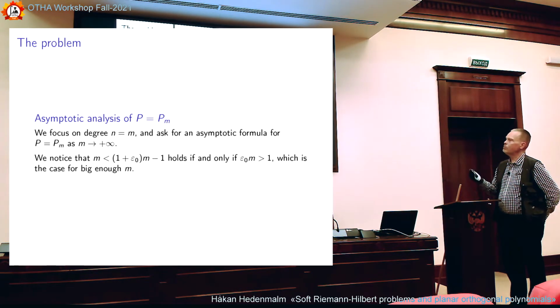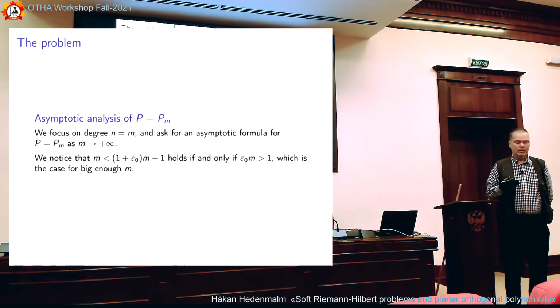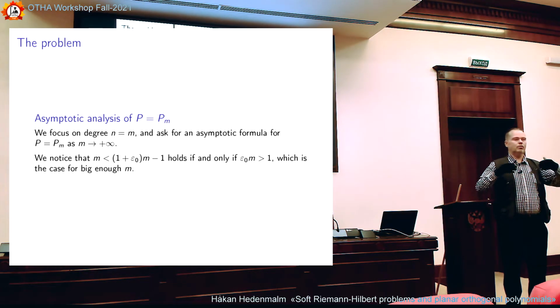Can we describe how they look asymptotically? You can imagine that you do this on a computer. The computer can, in principle, give you the orthogonal polynomial of a given degree for a given potential Q. You get the coefficients of the polynomial for constants, for linear polynomials, for quadratic polynomials, and so on.